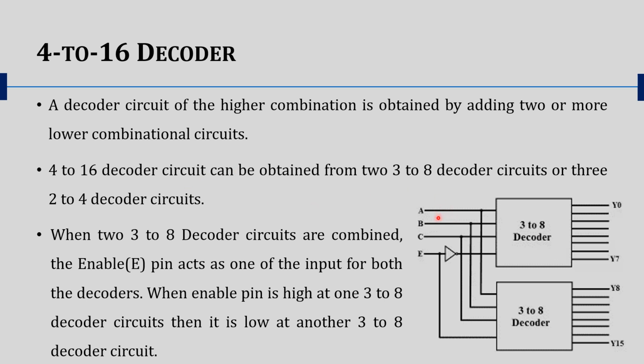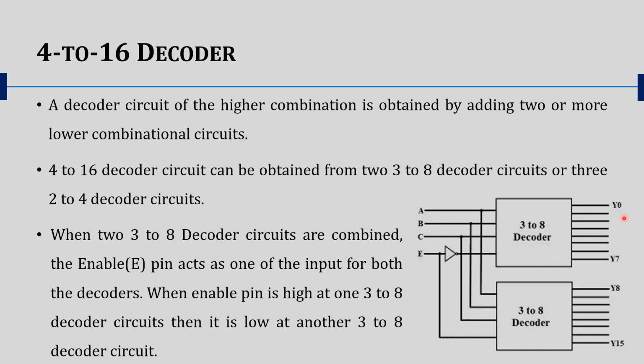So here the 4 inputs are A, B, C, and the fourth input is E. E is the enable pin. E acts as one of the inputs to the 3 to 8 decoder. So this E is high for one of the decoders and is low for the second decoder.